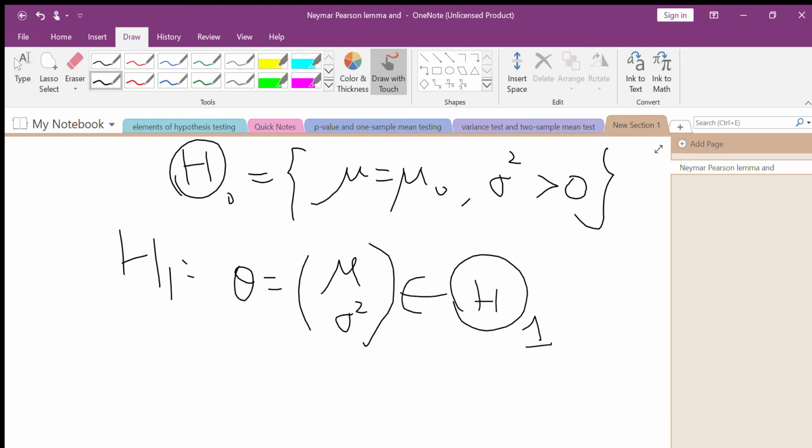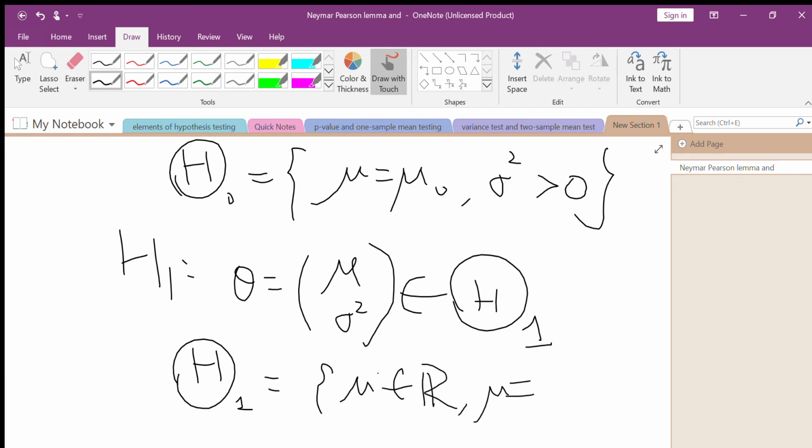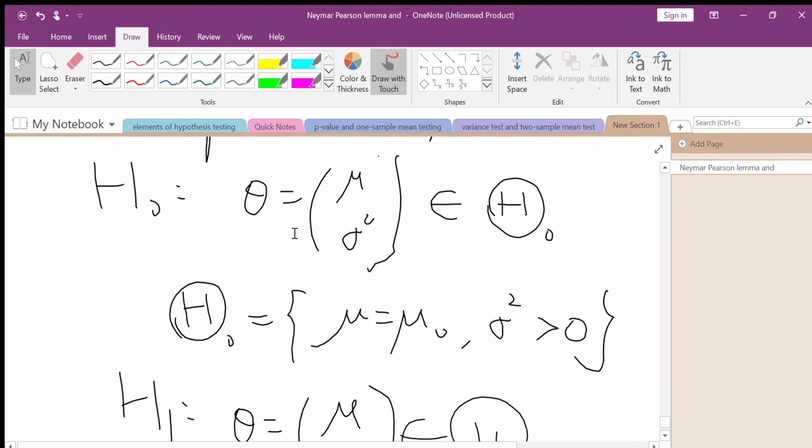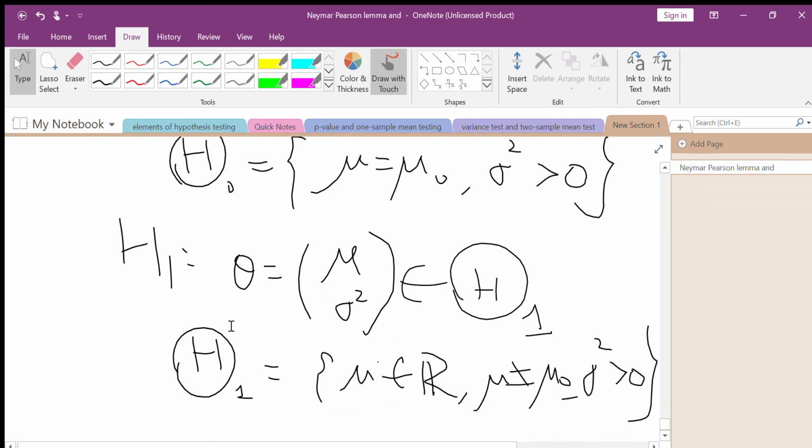What is capital theta 1? Capital theta 1 is mu in the real line, mu not equal mu 0, sigma squared also greater than 0. This is the rewriting of the original hypothesis in the perspective of parameter space.